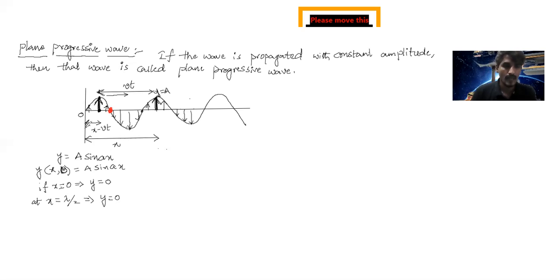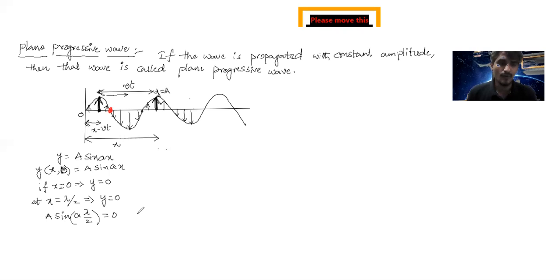Now, if y value is 0 at x is equal to lambda by 2, what does it mean? It means that a sine a into lambda by 2 is equal to 0. What we have to understand from this?